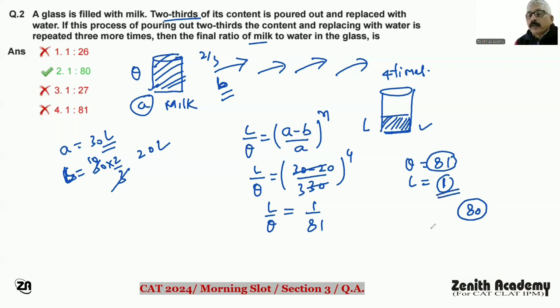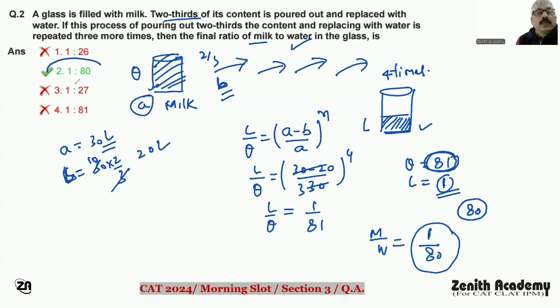Left milk is 1 and the water is 80, because 81 liters of milk is now left with only 1 liter, so it is replaced by 80 liters of water. So a very simple question, and the answer is milk to water is 1 is to 80.